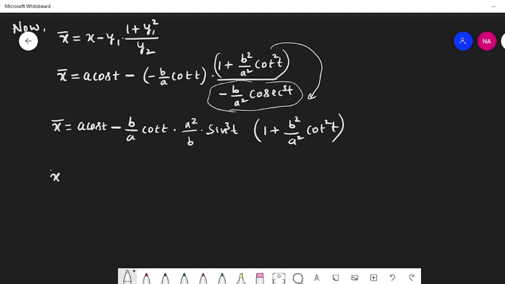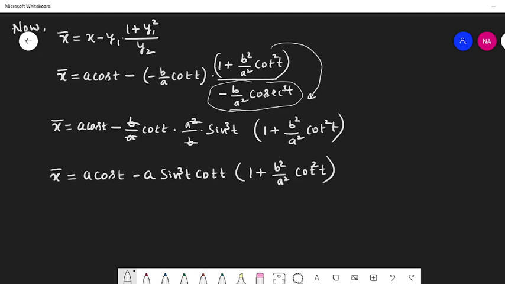So x bar equal to a cos t minus, b gets cancelled, one a cancels and another one remains here, into sine cube t cot t times 1 plus b square by a square cot square t.